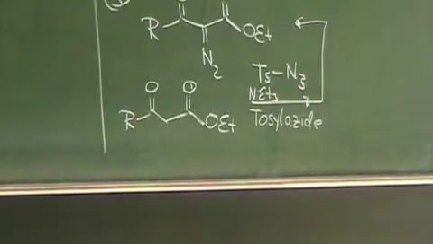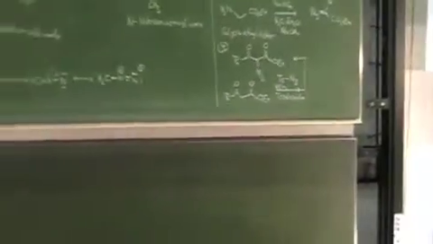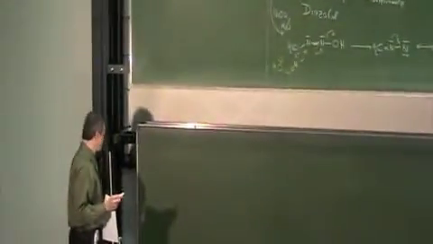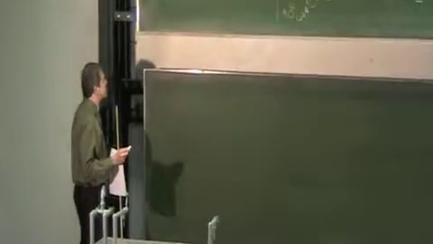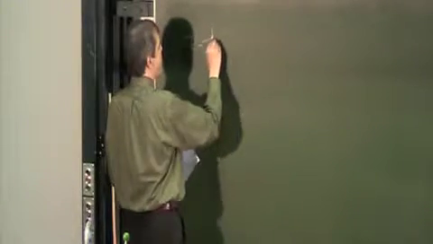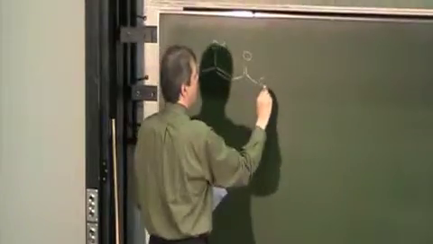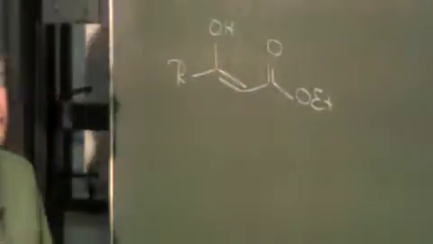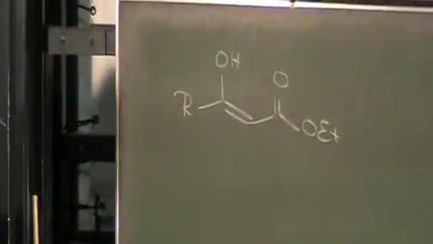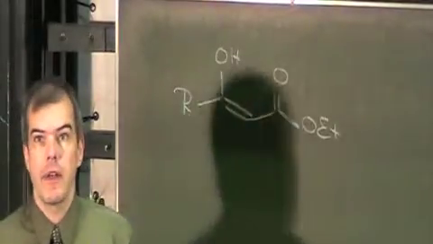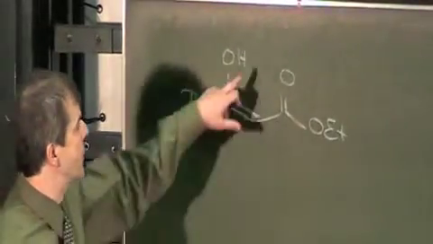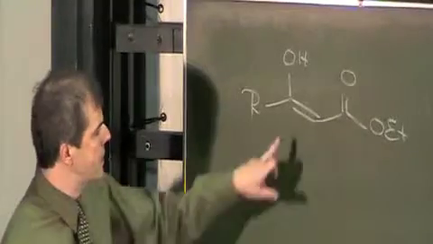Let me also draw a mechanism for this. So under the basic conditions, you can formulate your beta ketoester in its enol form or also in its enolate if you want to deprotonate it here.